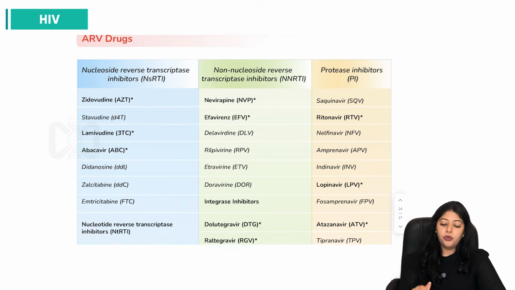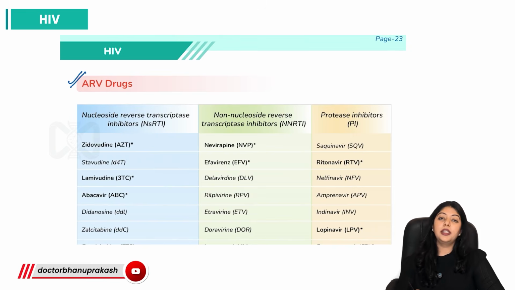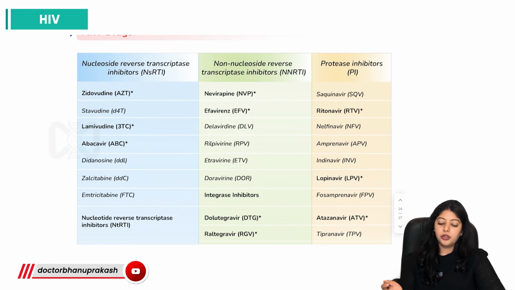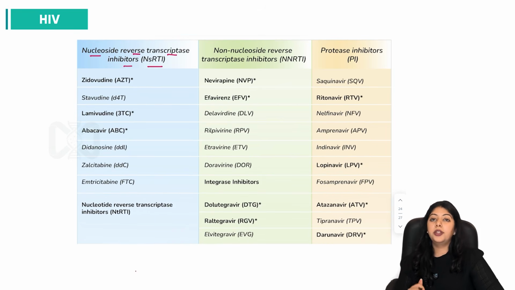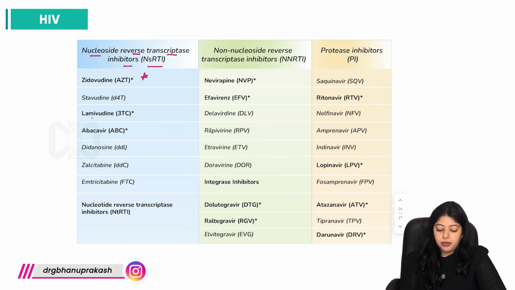So now let's move on to the antiretroviral drugs. What are these drugs? Firstly, we have the nucleoside reverse transcriptase inhibitors, and the most important ones included in the NACO guidelines are highlighted here. All these starred ones are important for you to remember: lamivudine, abacavir, zidovudine.